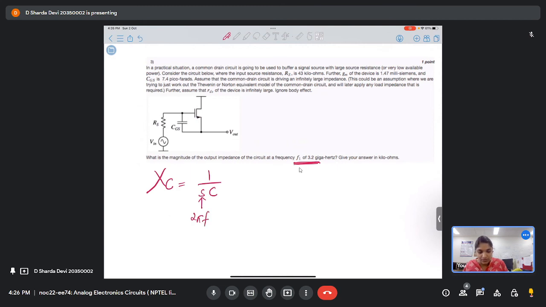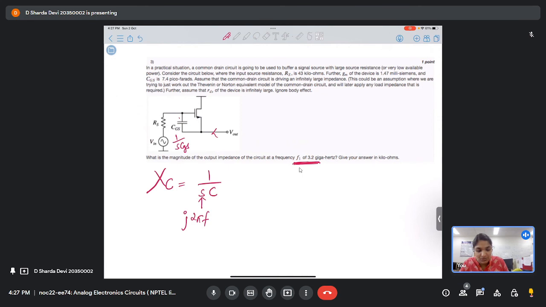Yes, so 2 pi f, j2 pi f. So whenever you need frequency, you have to have its Laplace transform. So you'll simply convert this to 1 by sCGS, and what you have to find is output impedance.